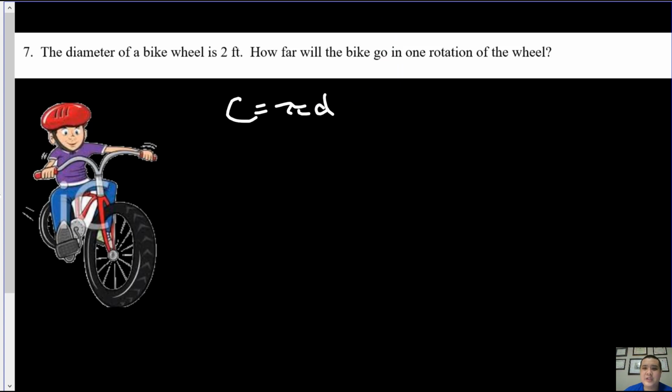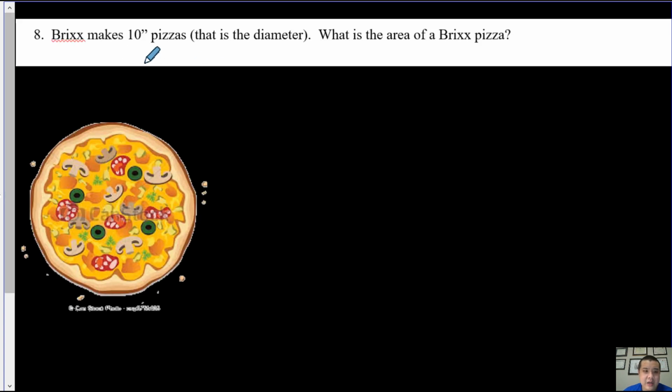Okay, so in order to find how far the bike will go, we have to do 3.14 times 2, which gets us 6.28 feet.